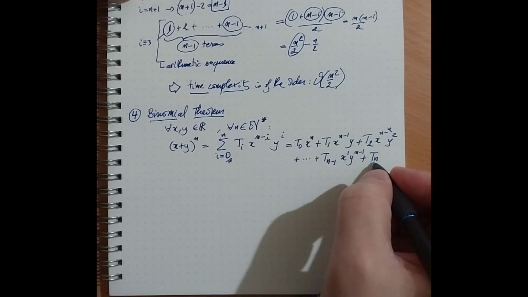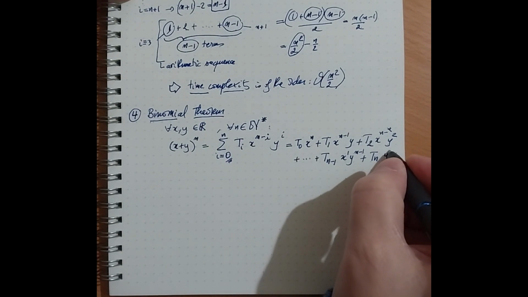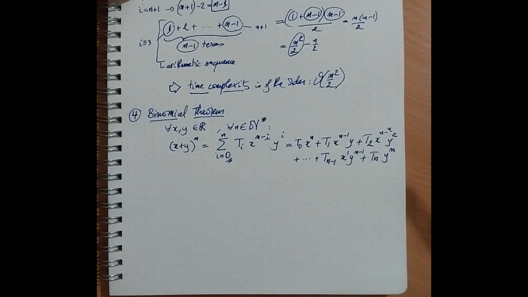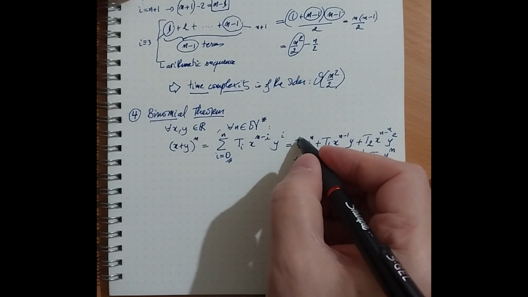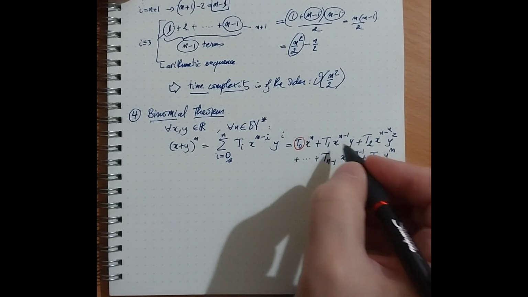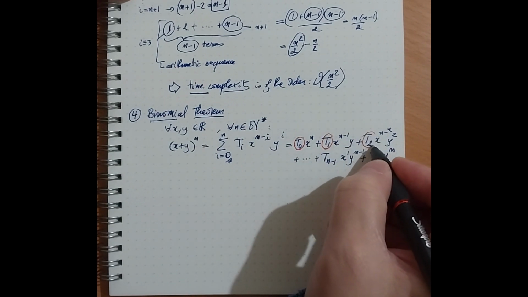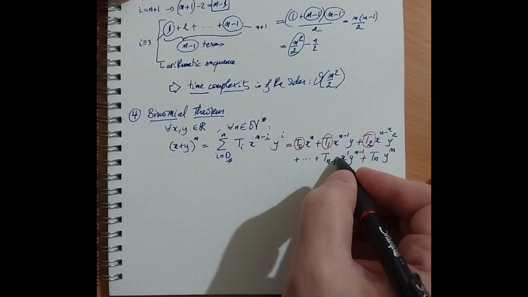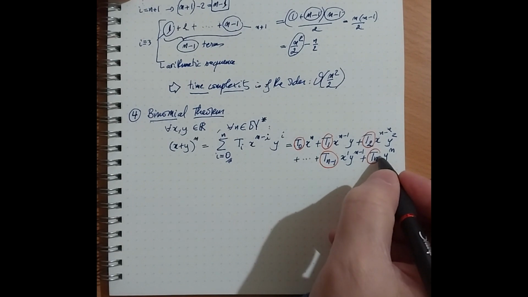So i ends with n. x to the 0 becomes 1, so we get y to the n. And these coefficients are integers, are not real numbers. And they are actually given by Elkarkhi's triangle, by the last line or the last row of Elkarkhi's triangle.